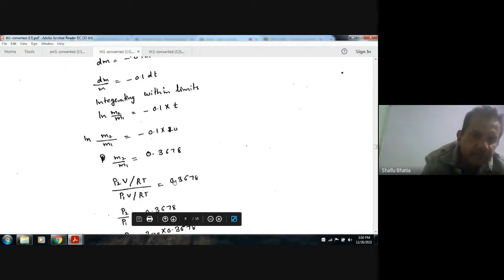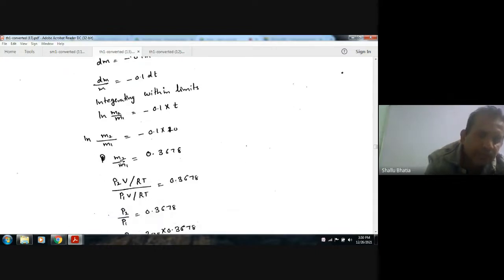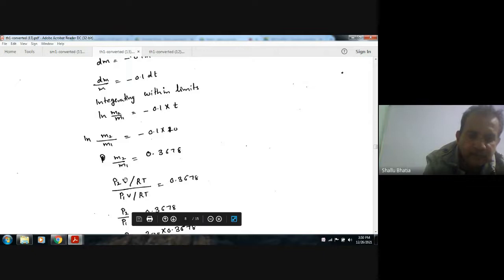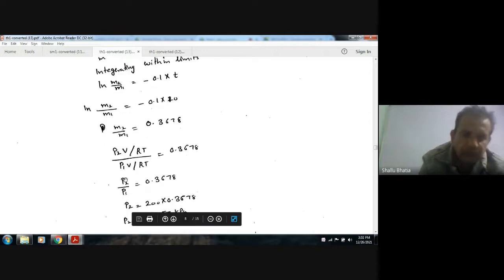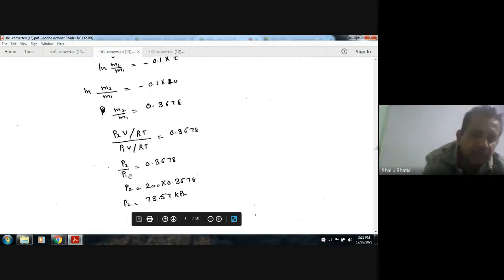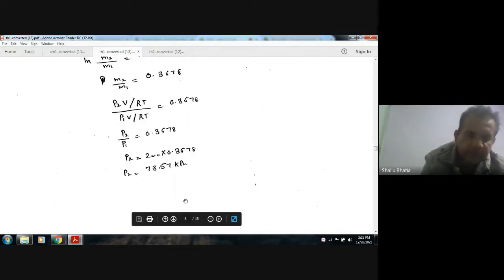Now using the P by RT relationship, P2 V by RT over P1 V by RT is 0.3678. Temperature is constant, R is constant, V is constant because it is the volume of the rigid vessel. So P2 by P1 is this. The initial pressure is 200, and the final pressure will be 73.57 kPa.